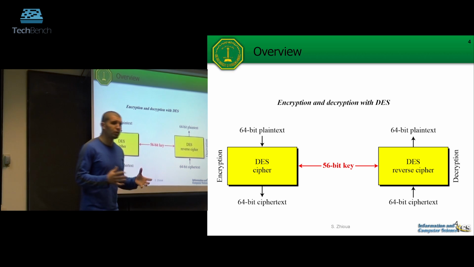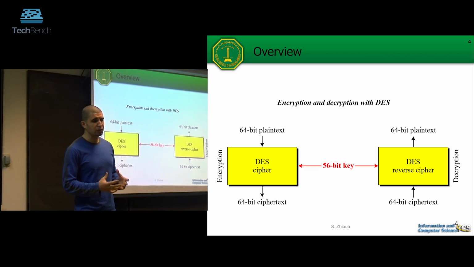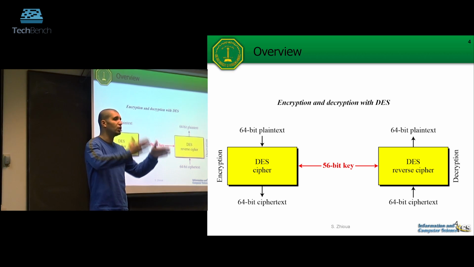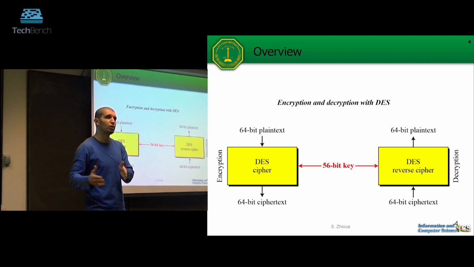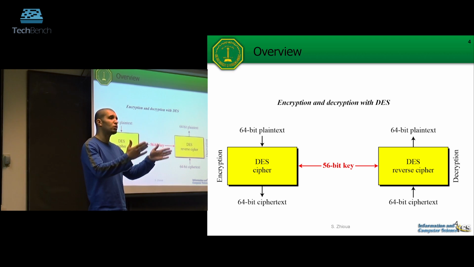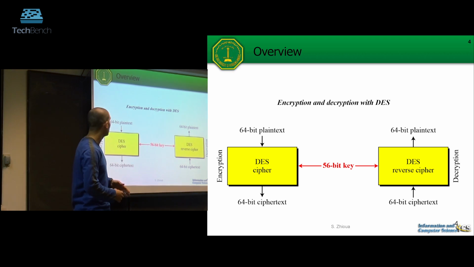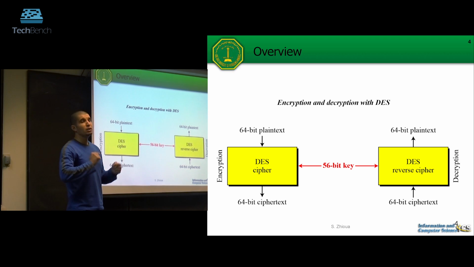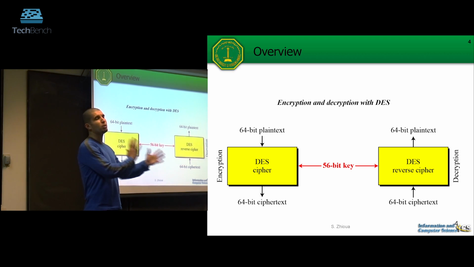Now, this is how it works. When you want to encrypt data with DES, you need to split the data into blocks of size 64 bits, and then you encrypt every 64 bits separately.